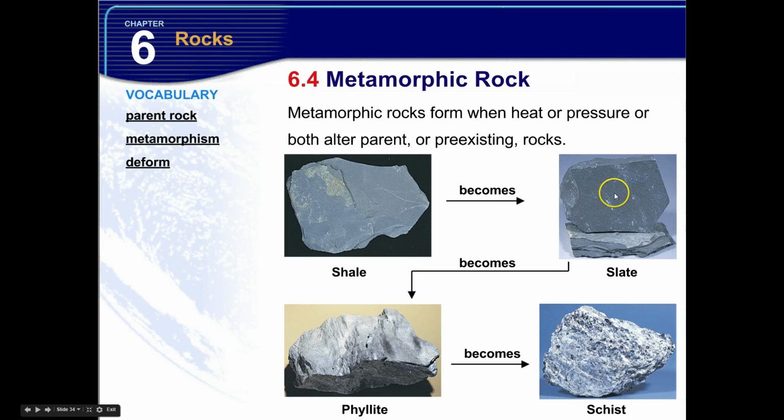Let's say it goes through even more heat and pressure, and it can become phyllite. Now, phyllite will be even more compacted. You'll start to see kind of a luster to it, and then that phyllite goes through even more heat and pressure, and it can become schist. Now, schist is even more compacted, more dense, and new crystals can actually form on it as well.